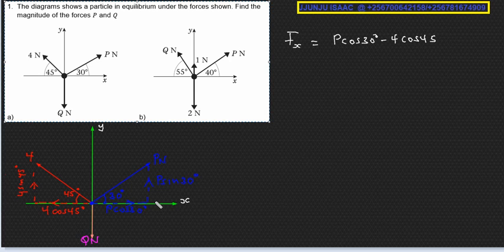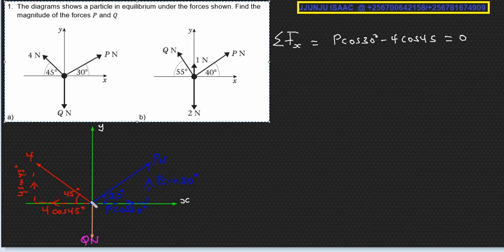But remember, the sum of horizontal forces will be equal to 0 if the body is in equilibrium. So in this case, the summation of all forces in the horizontal, I'll have P cos 30 plus this, but this is a negative, so we shall get 0 because the particle is in equilibrium.